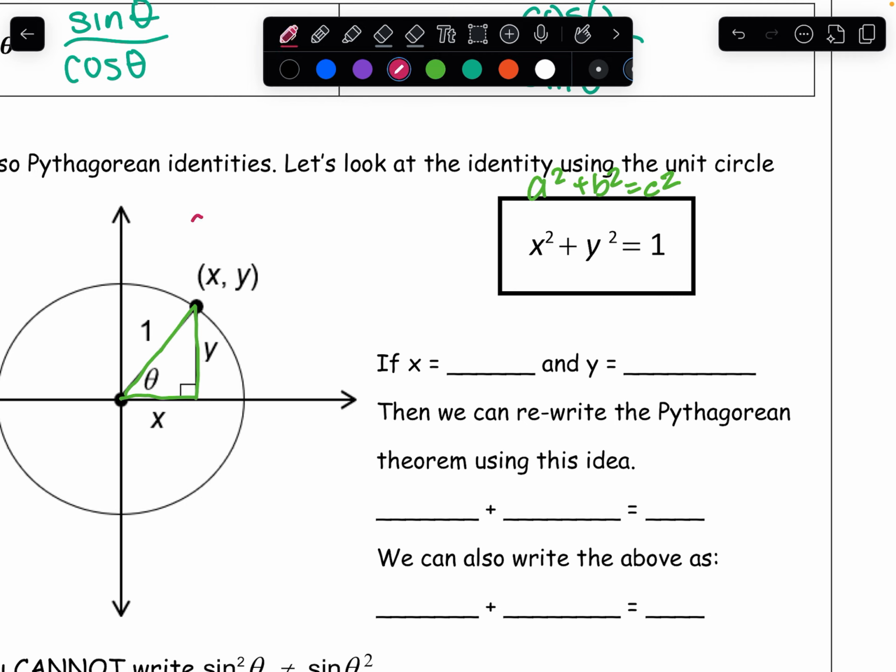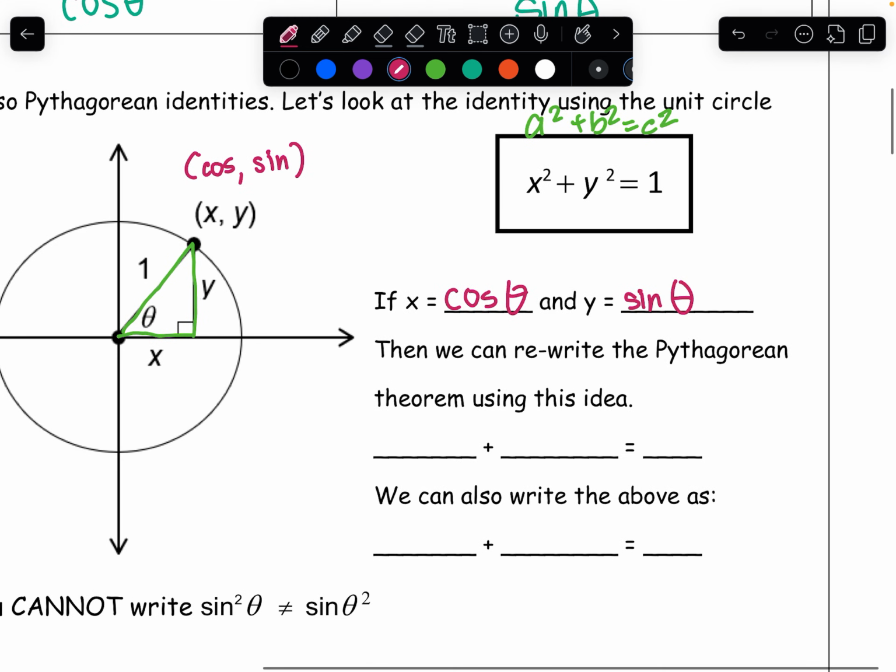Again, since we're using the unit circle, we learned that the point was cosine comma sine. So using that same idea, if x is cosine of theta and y is sine of theta, then by substitution we can say cosine theta squared plus sine theta squared equals 1.